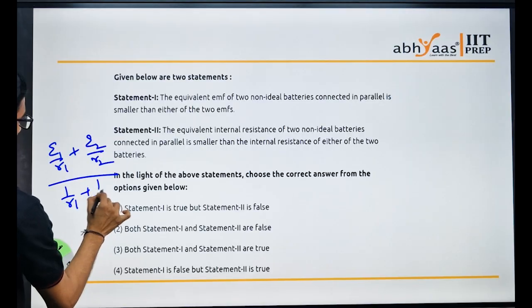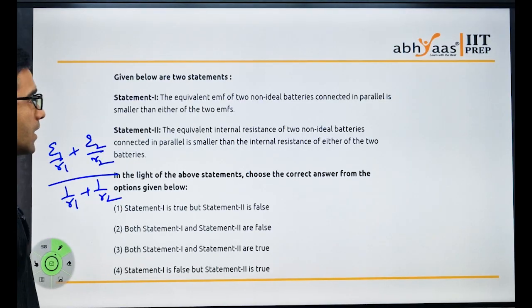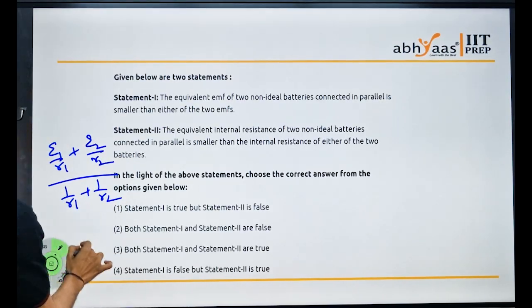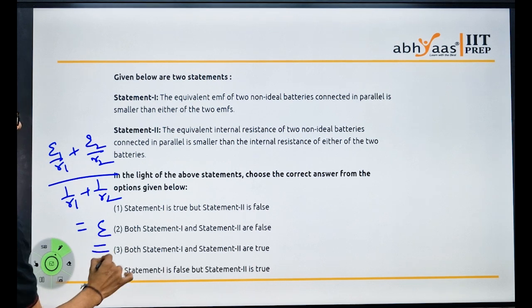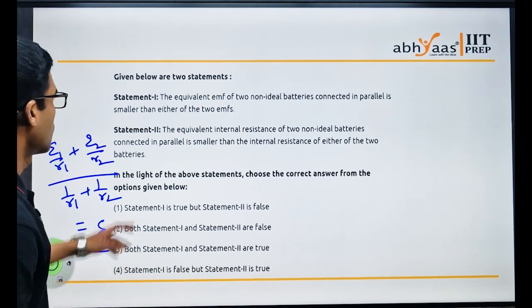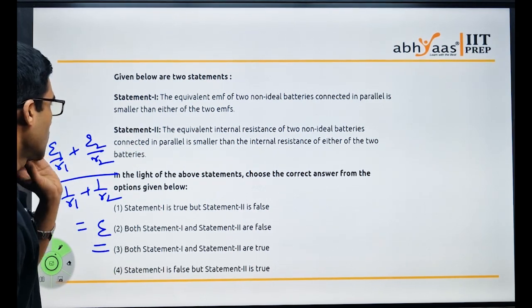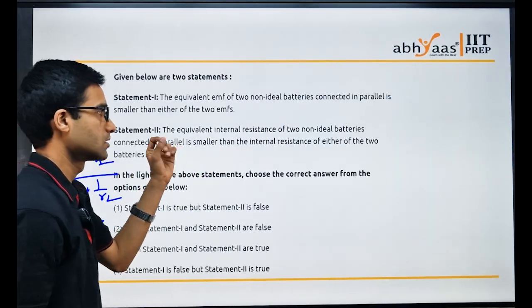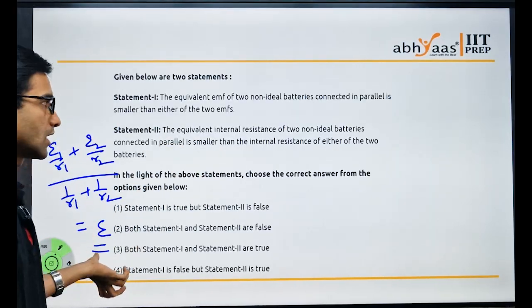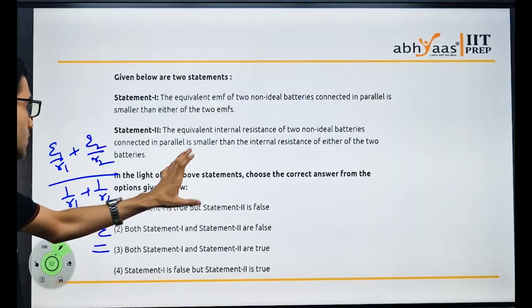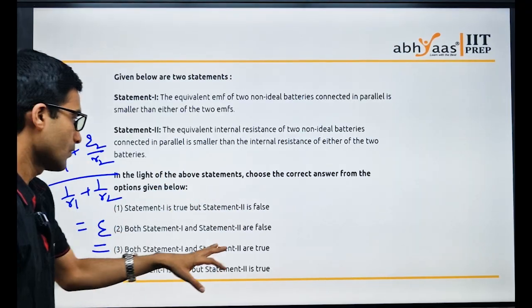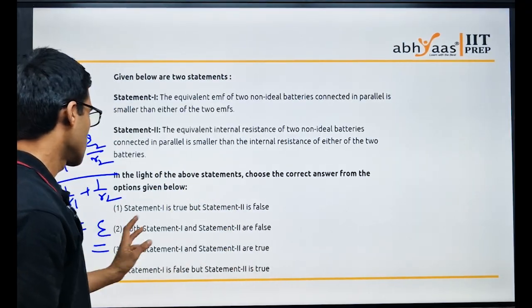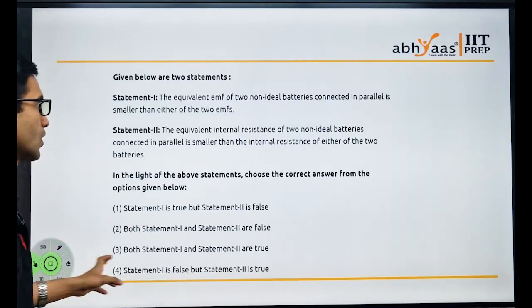Okay, if you calculate that equivalent internal resistance, we'll get E. So that means it's not smaller. Here statement 2 is completely wrong. It's not smaller internal resistance. From this you can see you are getting E value only. So that means this statement 2 is wrong. So finally, whereas statement 2 is false, you can pick that statement 1 is true.